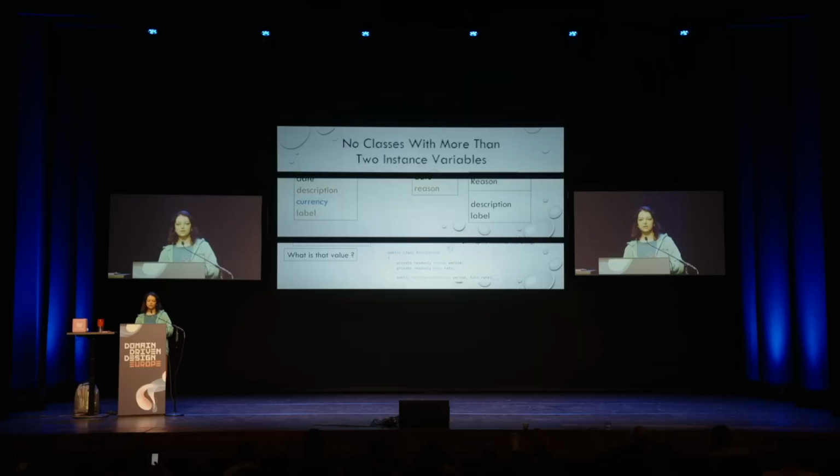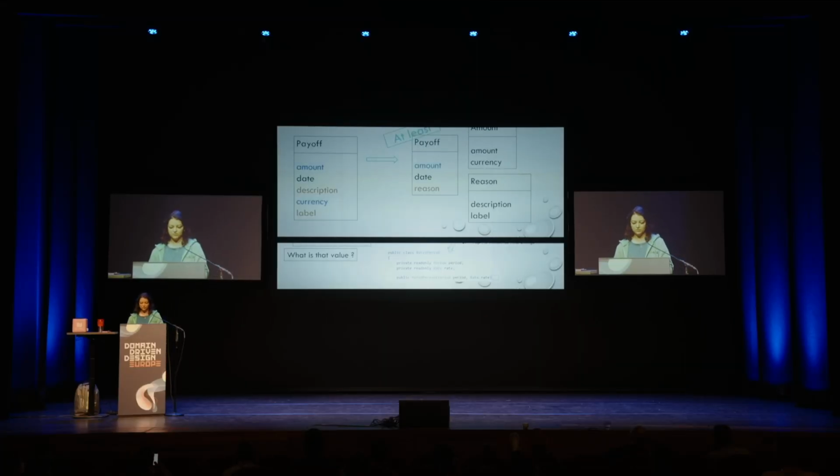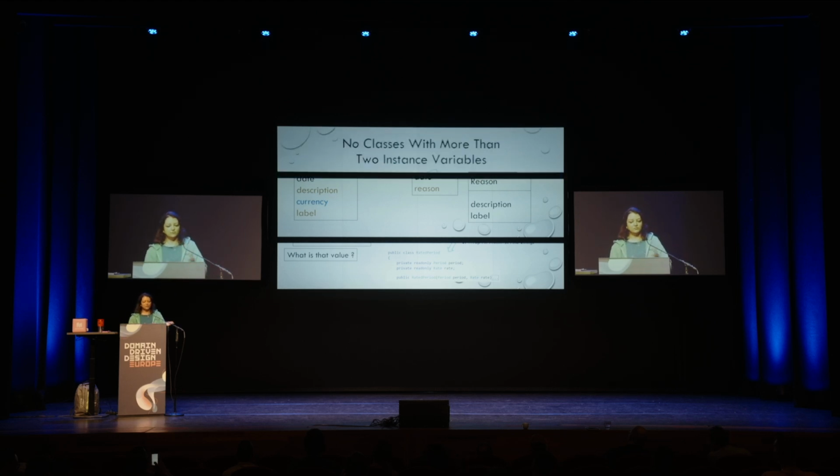Sometimes we should perhaps be pragmatic, because the class can at least have 3 instance variables instead of 2. But whatever, 3 fields is better than 5, okay? So try to really identify different concepts and create value objects for them.